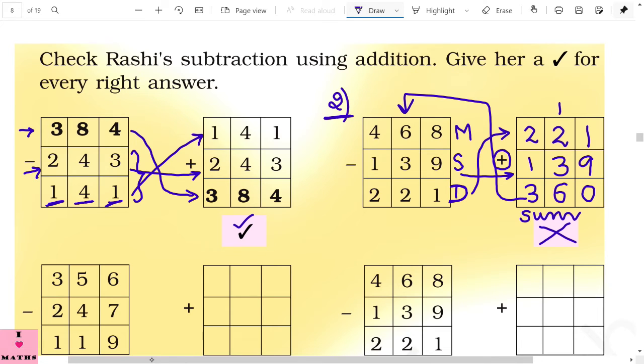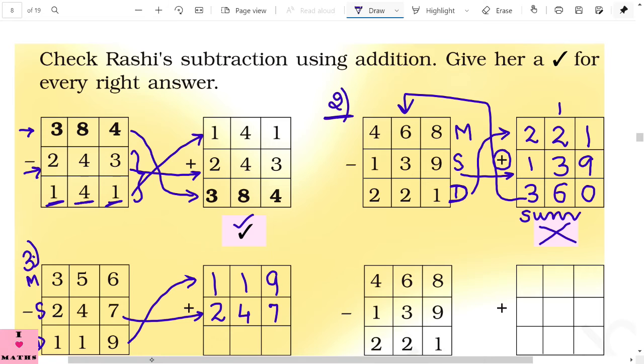Okay, let us check her third question. This is her third question. This is the minuend, this is the subtrahend, and this is the difference. So difference will go here, subtrahend will come here. Okay, let me write 119 and 247.